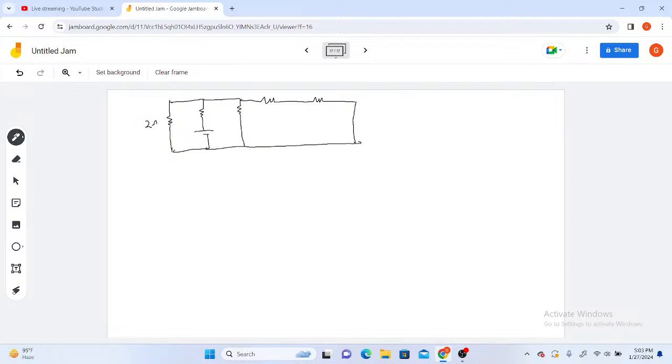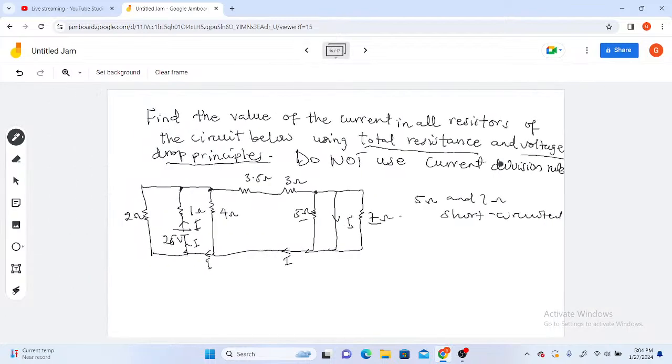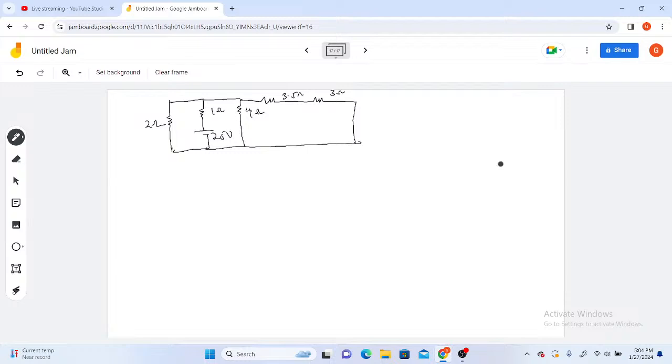So here becomes 2 ohm, here becomes 25 volts. Here is our 1 ohm, 4 ohms. This place was 3.5 ohms. This is 3 ohm, then like that. Yes, you are right. So this is the effective circuit.